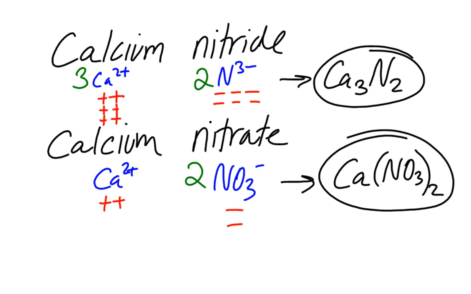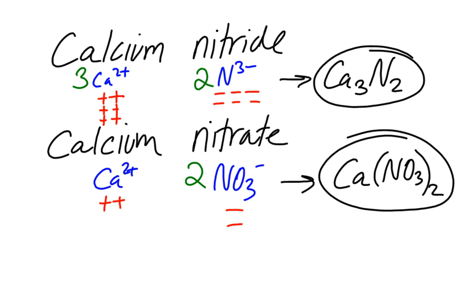Okay, I want to talk about this one real quick. So calcium nitride, calcium has a 2+ charge, nitride has a 3- charge. If you count out your charges, I need to have 6 positive charges and 6 negative charges, because 6 is the least common multiple.